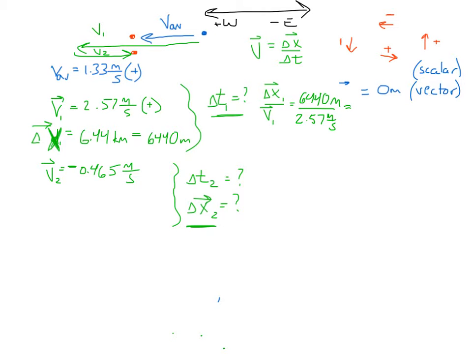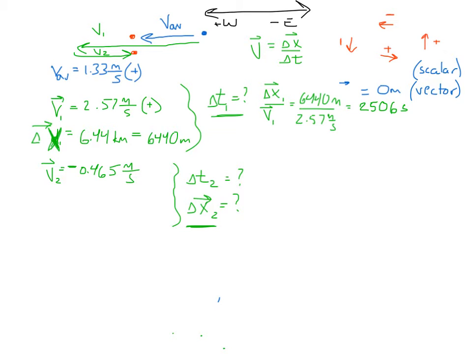Now it may not seem like that's important, but it is. We're going to need it to solve for this second displacement right here, even if we don't know the second time. So if we take displacement 1 divided by velocity 1, we get, rounding this, 2,506 seconds.